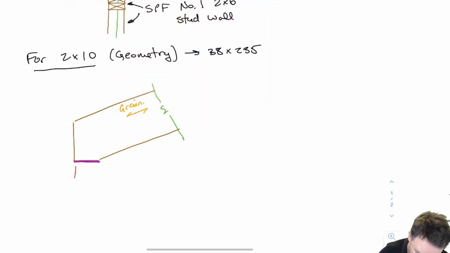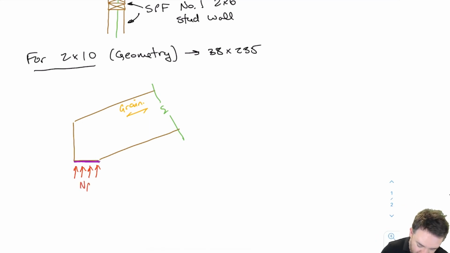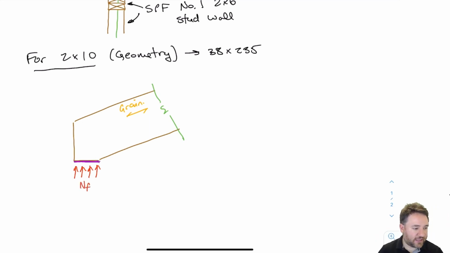And here we have a load applied to that beam by the reaction, and the reaction of that beam is coming from the stud wall below. So this is going to be our NF, the applied load at an angle to grain. In this case, we're just considering the total. I've drawn this out as a spread out load, but we're going to consider basically the one total load coming from that spread out load.